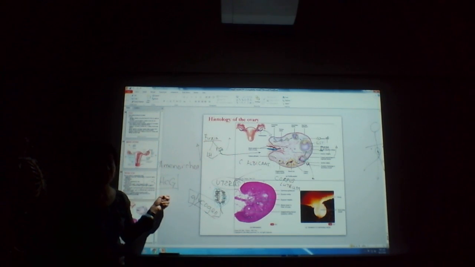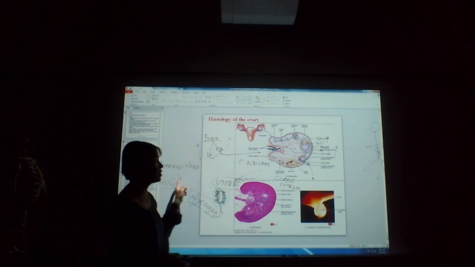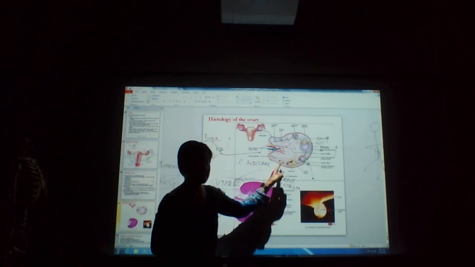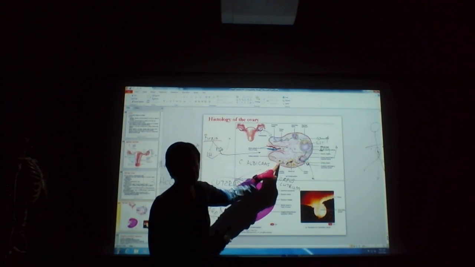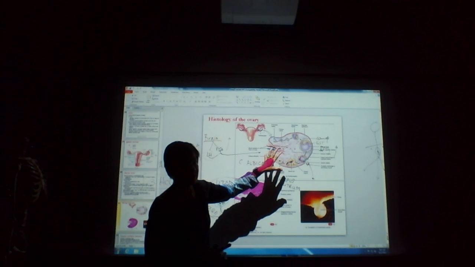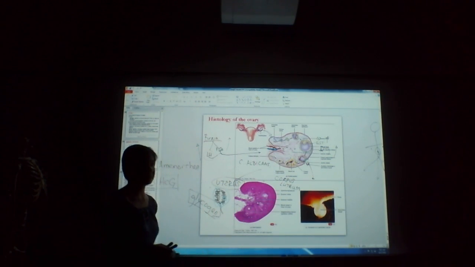Beta HCG, which is what? Your pregnancy hormone. Why are you pregnant when you have this in your urine? Because the baby made it. You didn't make this. What is the function of beta HCG? The function of this one is to tell this corpus luteum to remain as corpus luteum and keep producing progesterone.